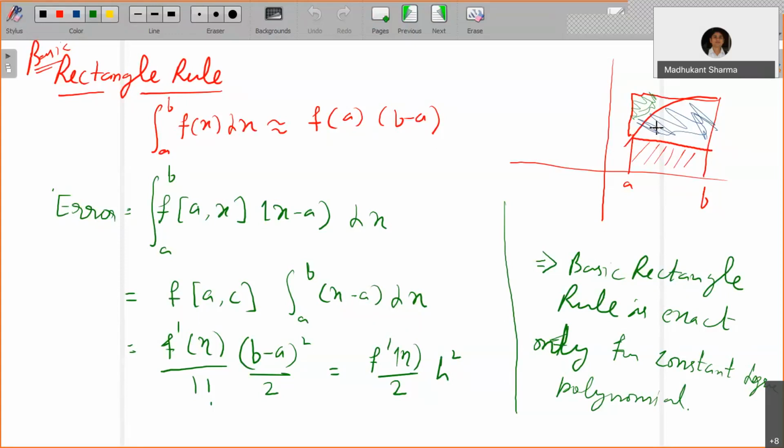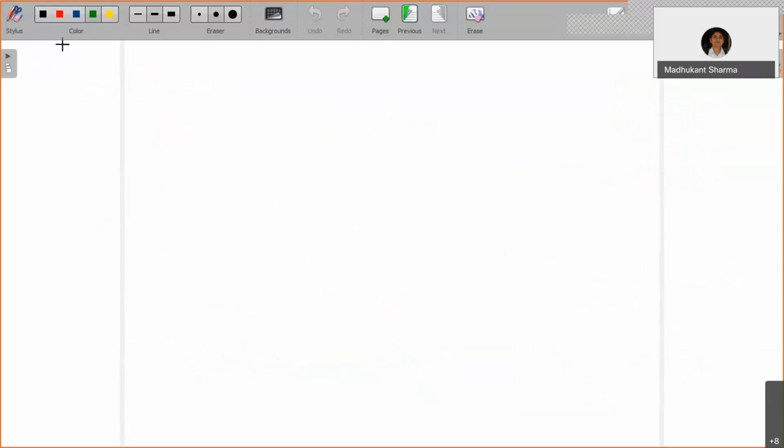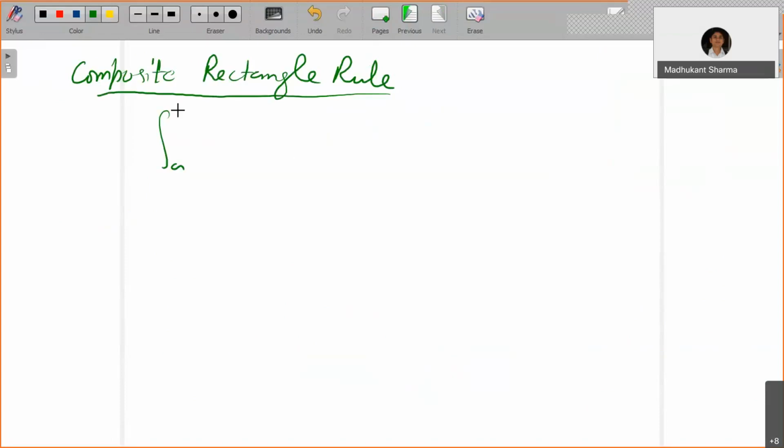Okay, right. So similarly, you can write the composite rectangle rule. Integration a to b f of x dx is equal to summation i equals 0 to n minus 1 of integration x_i to x_{i+1} f of x dx.